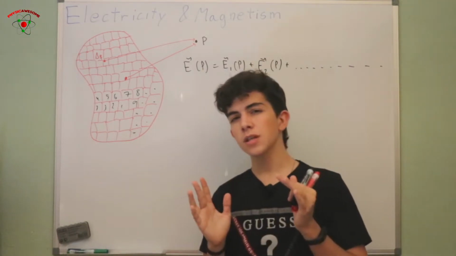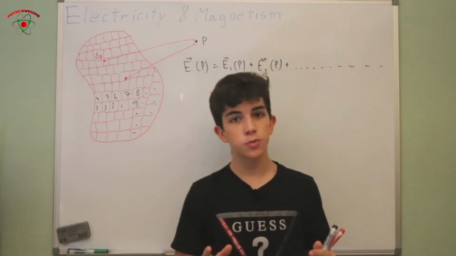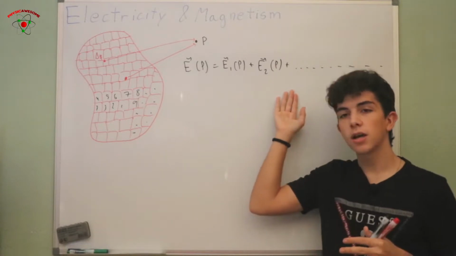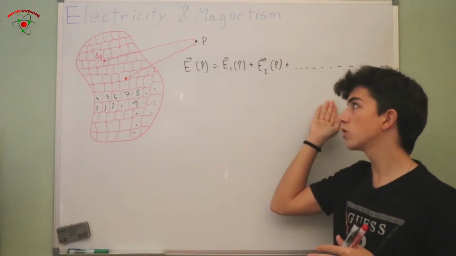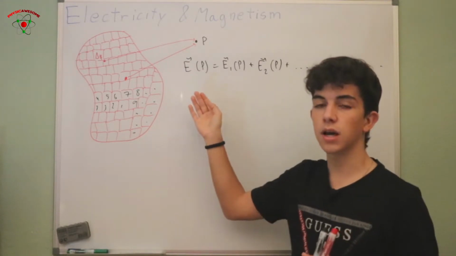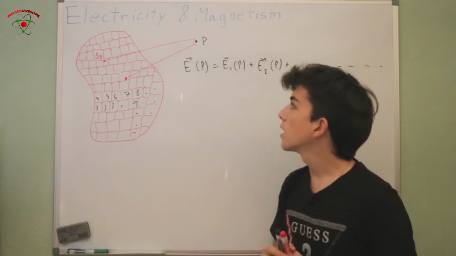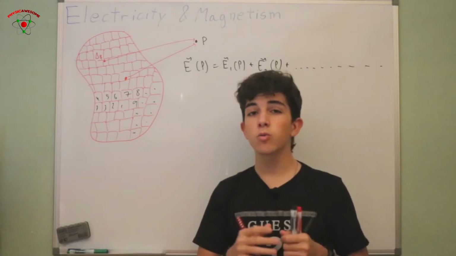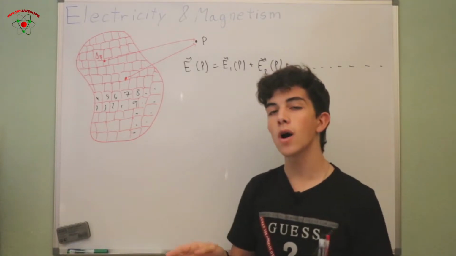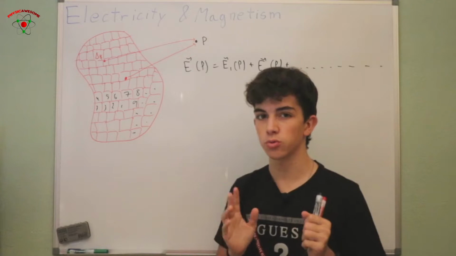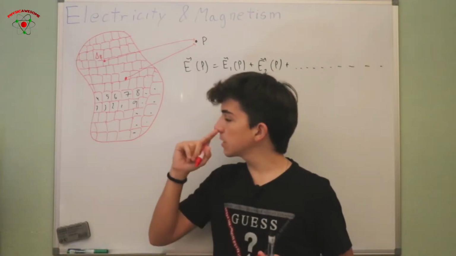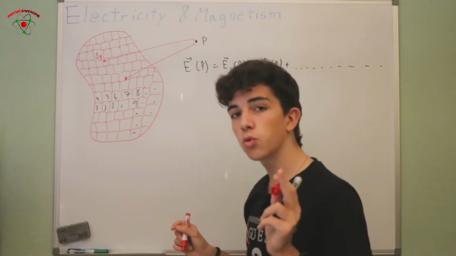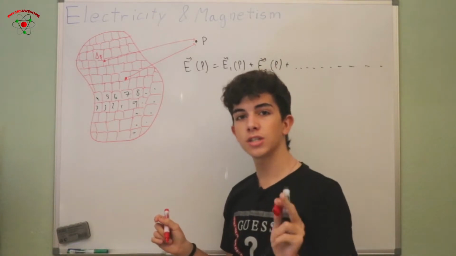Great. Now this seems pretty much like an integral, and indeed that is what it's going to be in the end. It's an integral sum. But we will leave that to the next segment. However, we will need to define some quantities before being able to do that. In general, a very interesting quantity is the charge density.